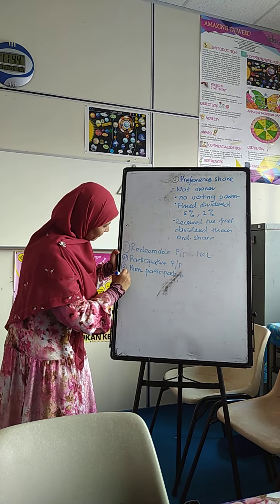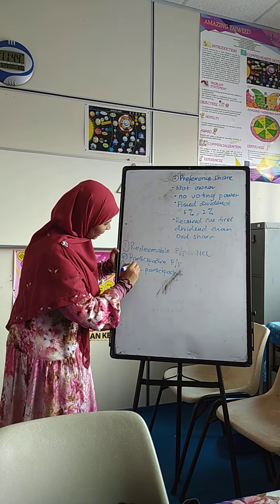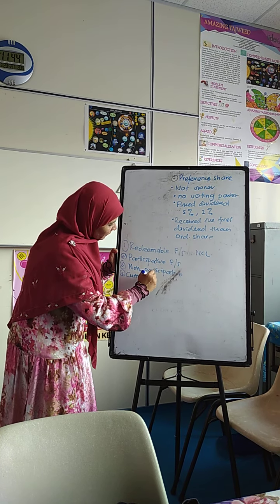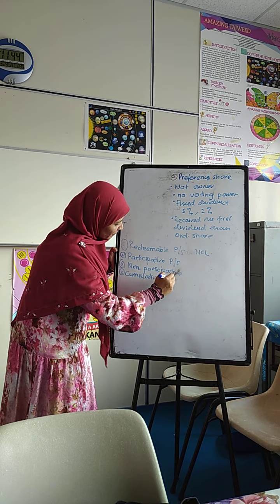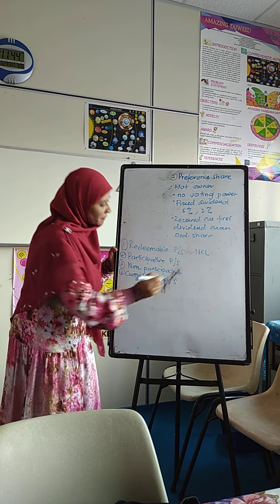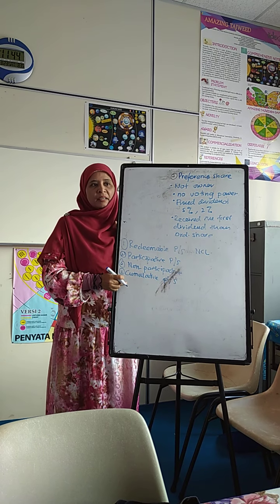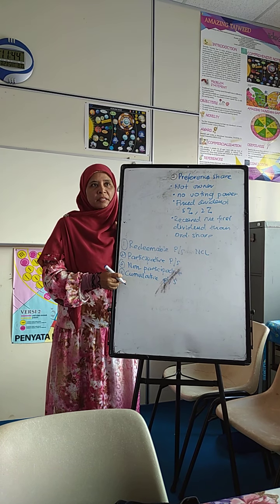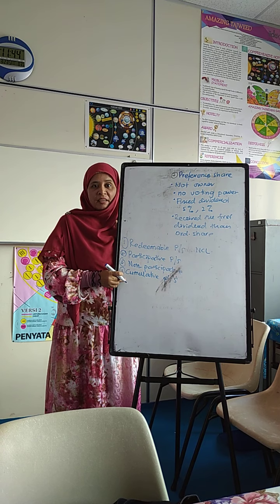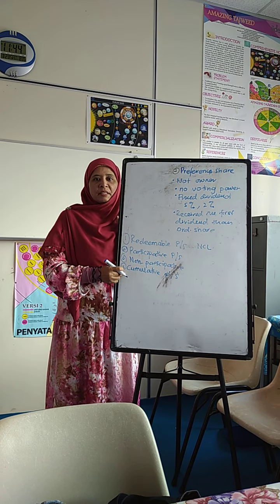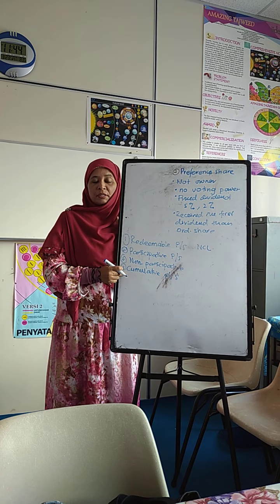Alright, so next, number 4, we have cumulative. Cumulative dividend preference share. A cumulative preference share is one where the dividend, normally declared for the shareholder at the end of the year, depends on profit.